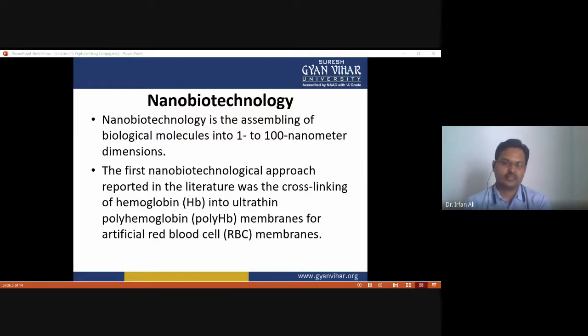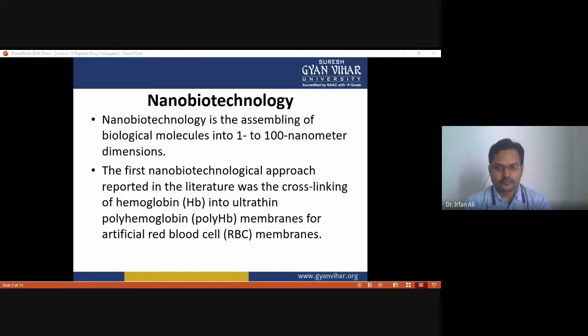This agent is used for the synthesis of polyhemoglobin, and a new generation of this approach includes the nanobiotechnology assembly of hemoglobin. Some other molecules are also used for the preparation of a derivative of hemoglobin that could be used as a blood substitute, like catalase and superoxide dismutase, into a soluble nanodimension complex.